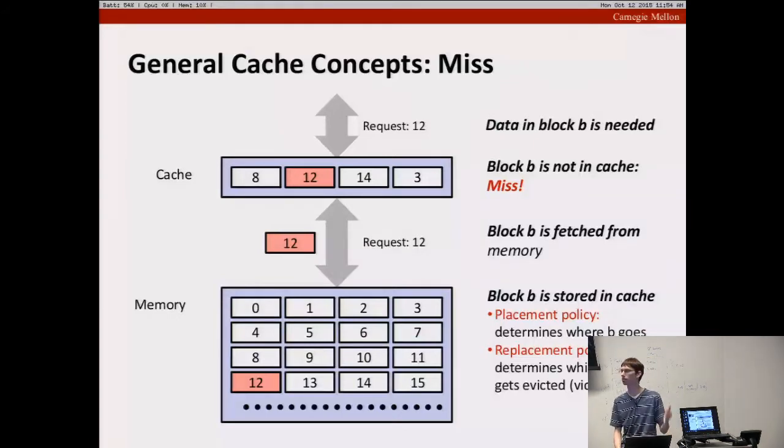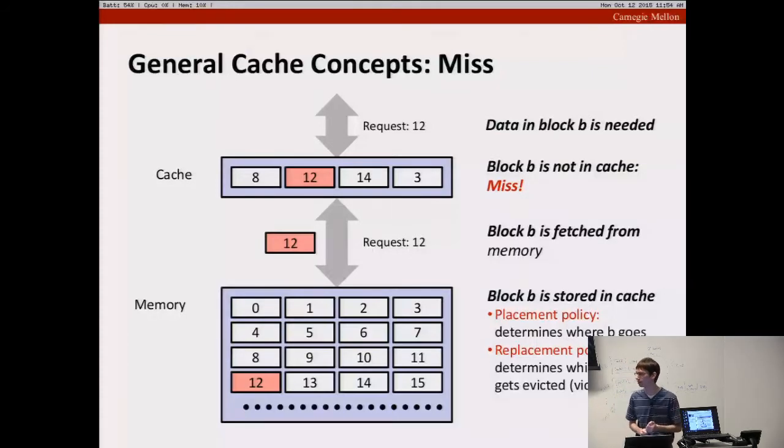That is whatever has been the longest since we've accessed it, because that's the least likely that we'll access it again in the near future. You could also just replace at random. That's a different replacement policy. In practice, that usually is not as good.